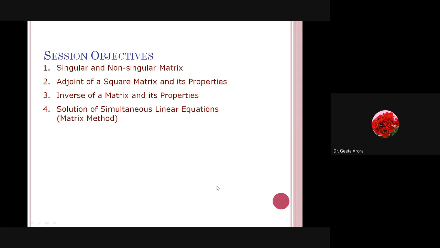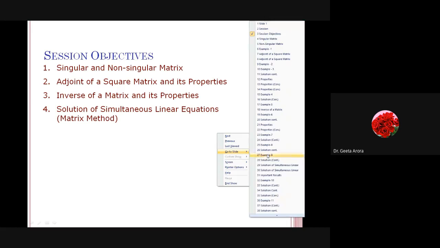So let me go to the slide. Solution of simultaneous linear equations, the matrix method. When we are talking about simultaneous linear equations, there are various methods you might have learned or are aware of. But here, since we have learned about matrices and determinants, we are going to find their application.